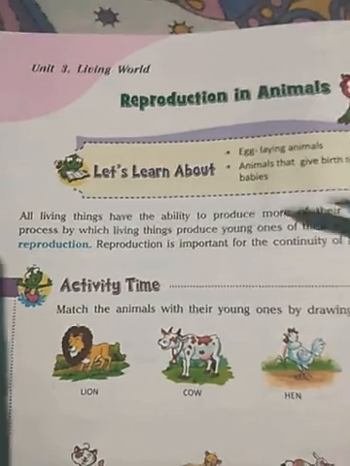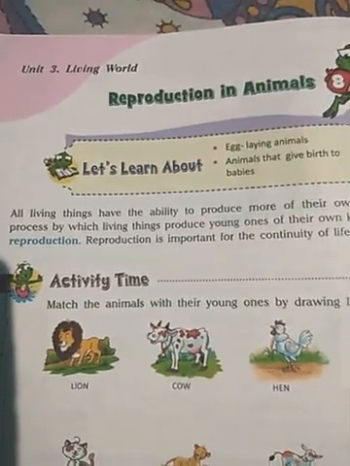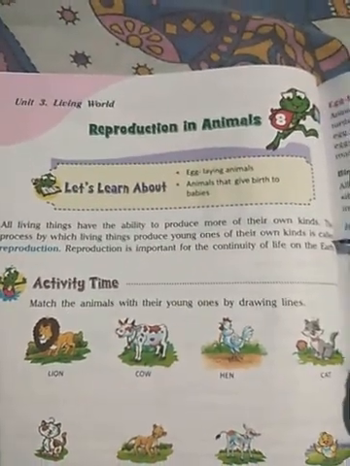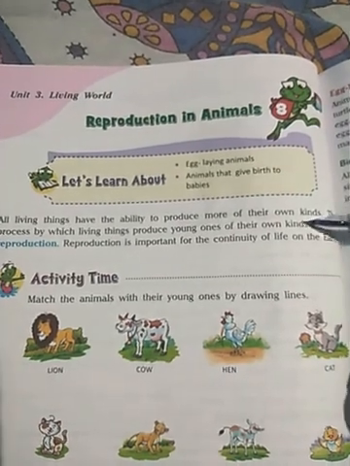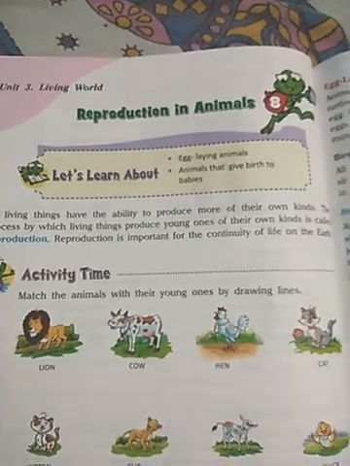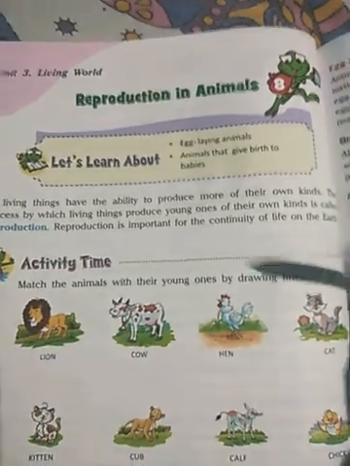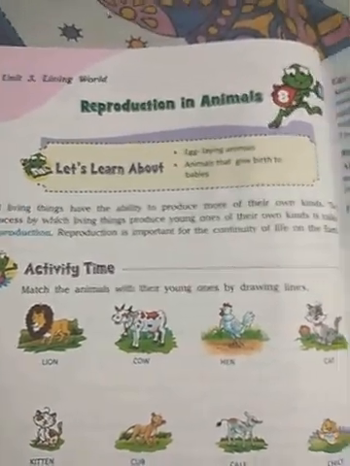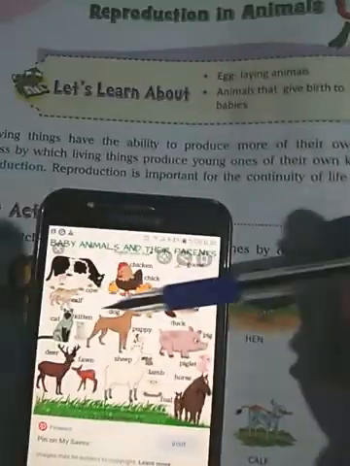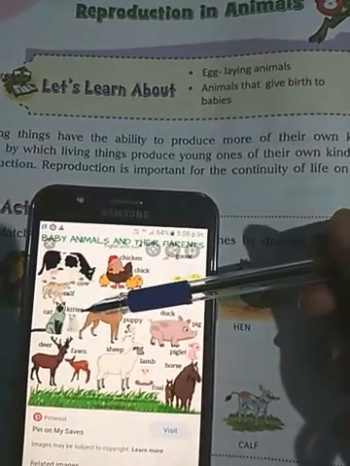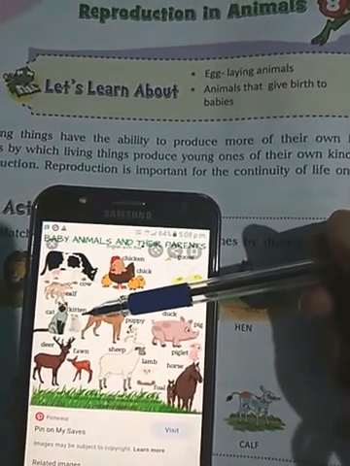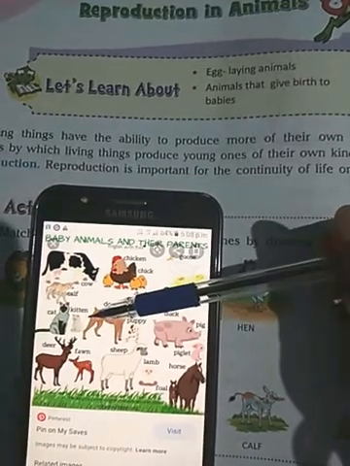See, all living things have the ability to produce more of their own kind. More of their own kind means, as you can see here in the picture, the cat is giving birth to kitten, which is looking like a cat, just a baby cat.